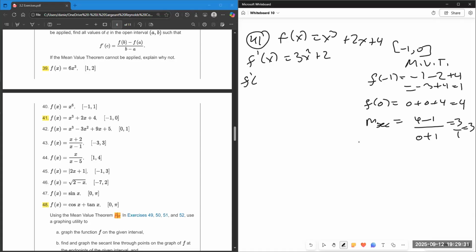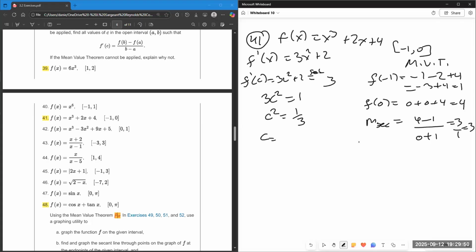So f prime of c is 3c squared plus 2, and I need to set that equal to 3. So 3c squared is equal to 1, c squared is 1/3.